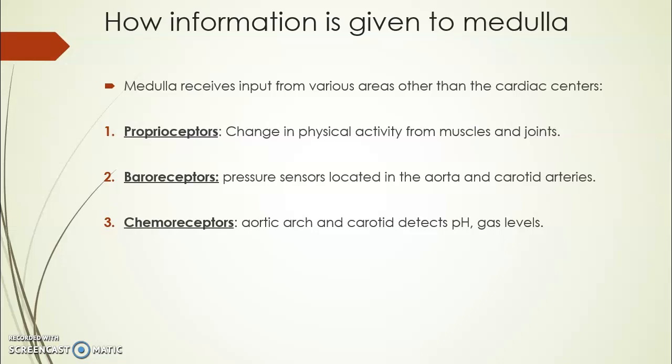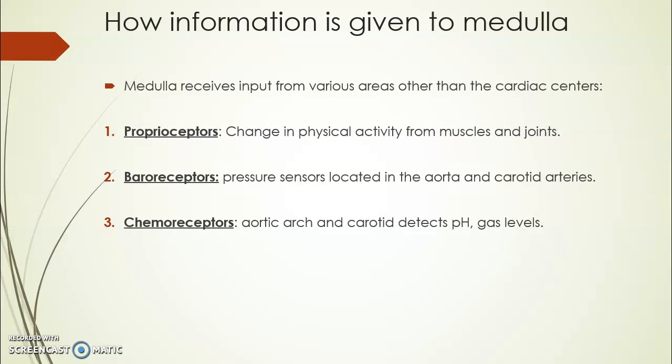Baroreceptors, we will talk about here as well as within the vessels. There are going to be certain areas within the cardiovascular system that are going to maintain pressure. So they're going to basically give input back to the brain saying that the blood pressure of this individual needs to be adjusted or it's okay.